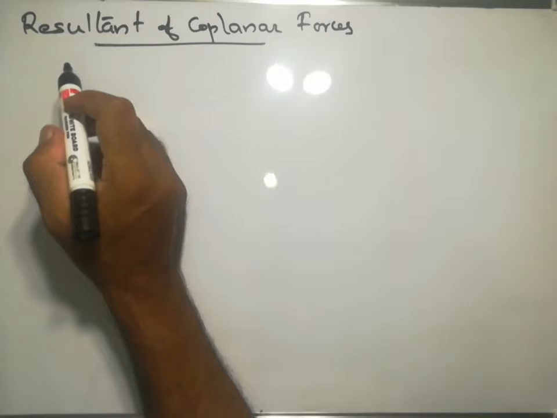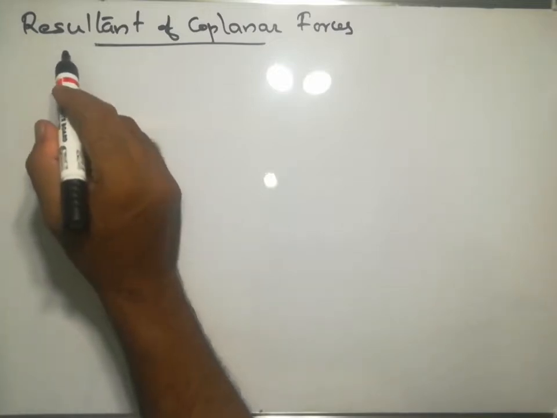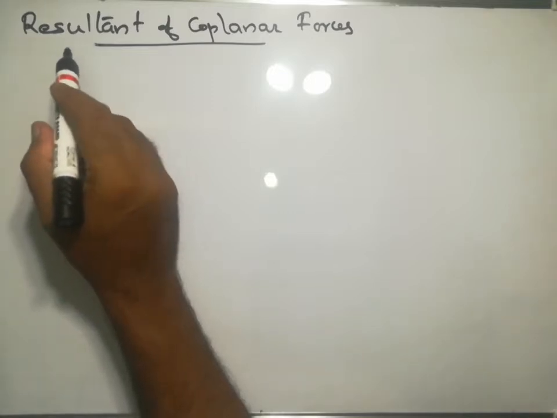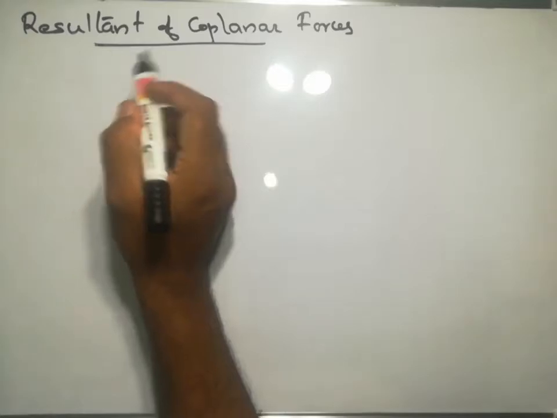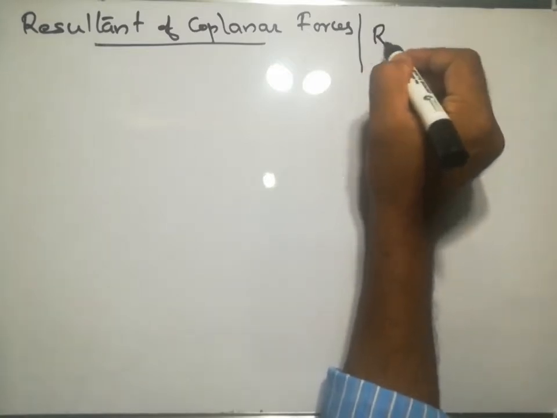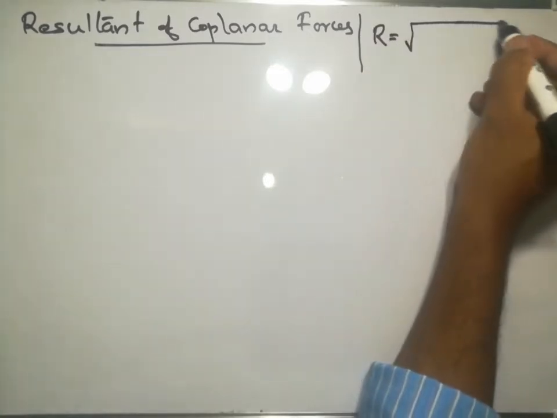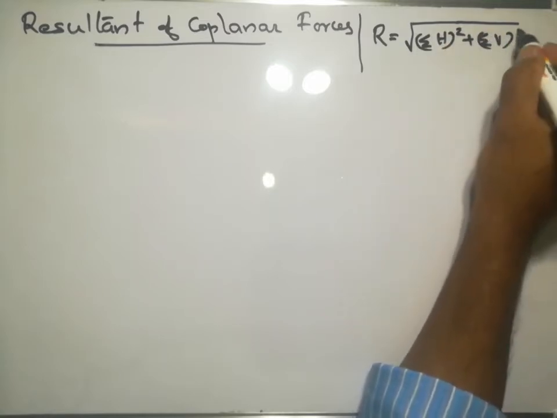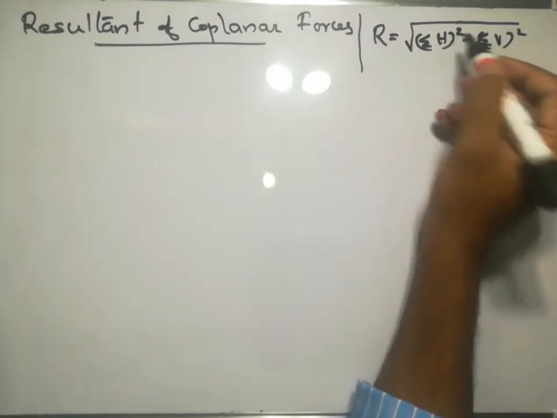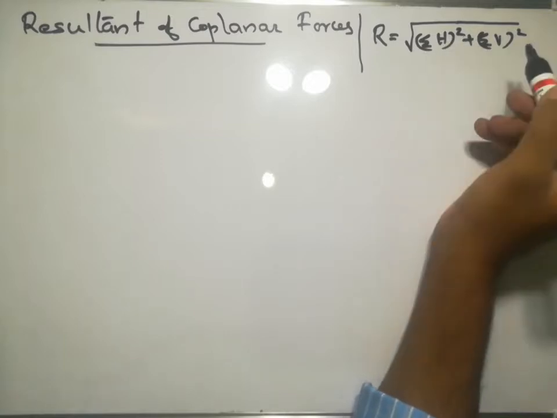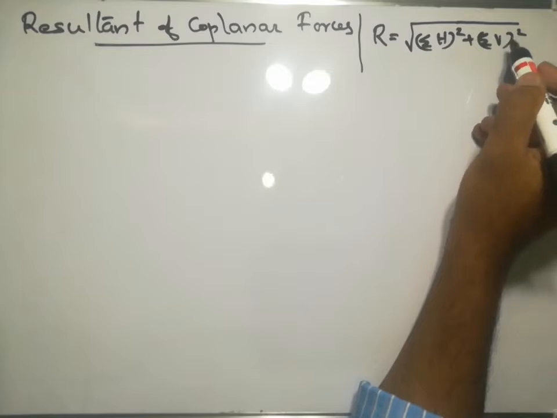We are going to look into a problem in which a number of coplanar forces are acting at a point simultaneously. To find the resultant of concurrent coplanar forces, we have the equation: resultant R equals the square root of sigma H squared plus sigma V squared, where sigma H is the sum of horizontal components of all the forces and sigma V is the sum of vertical components of all the forces.